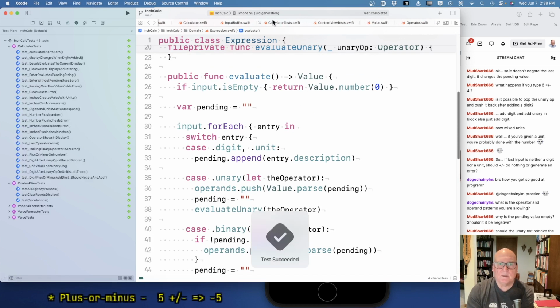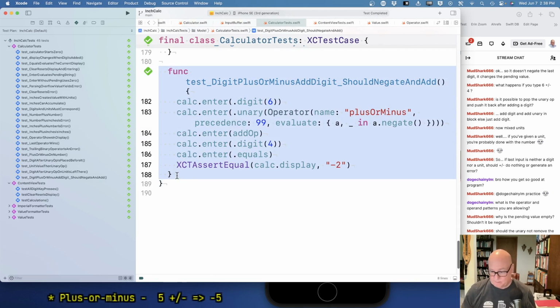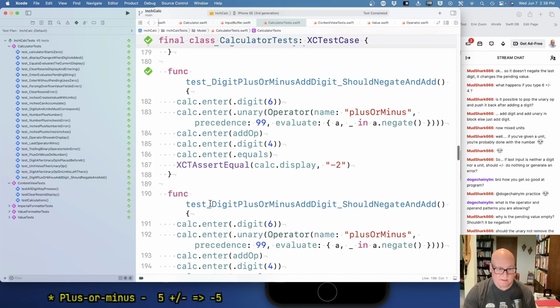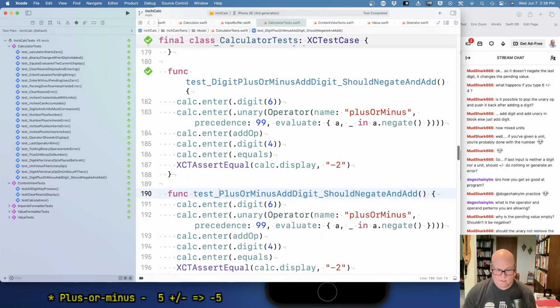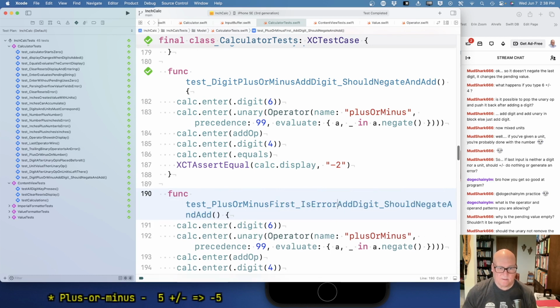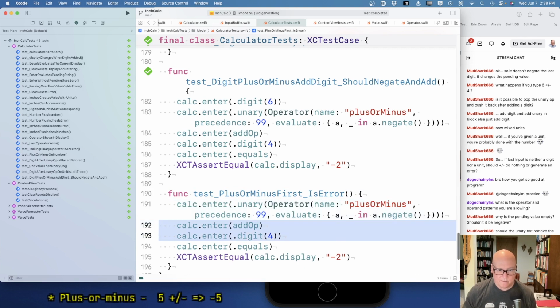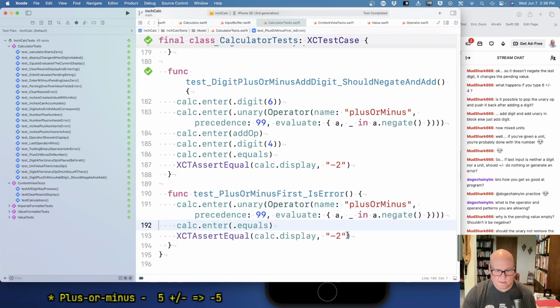And I want one more test. Okay, because this one you raised as well, sort of implicitly maybe, but this case of just plus or minus first is error. So we enter our unary operator, and equals, we'll get an error, and I'm going to be lazy and let it tell me the error, assuming it finds it.